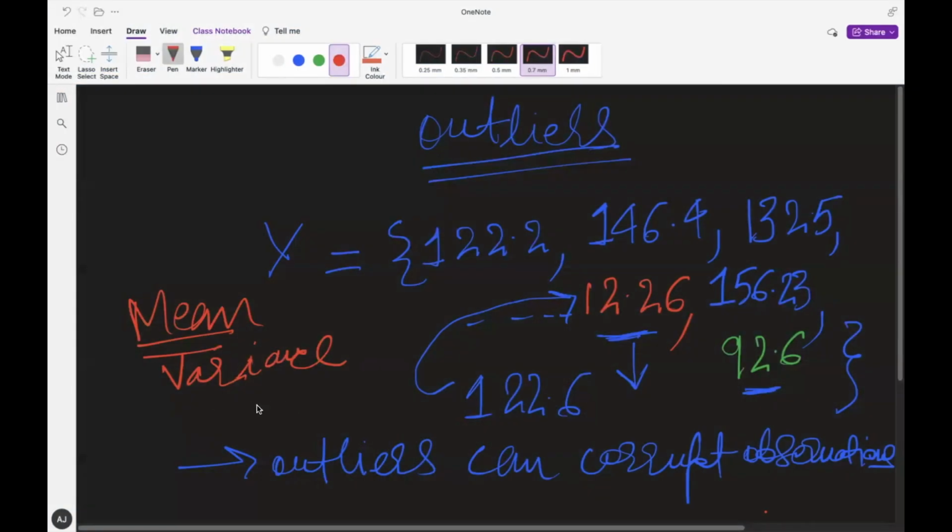Similarly, your variance also gets impacted by outliers, and hence we learned a concept called median. Similarly, we learned concepts like MAD, median absolute deviation, to avoid the problems of outliers. We will look at these things in great detail in the coming session.